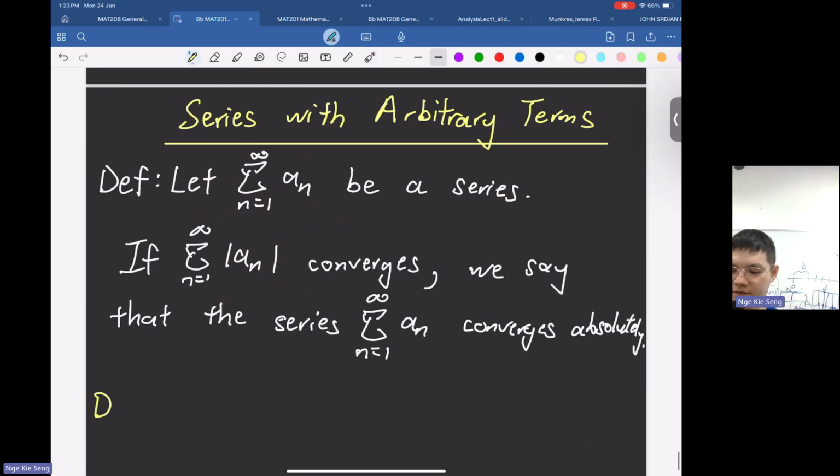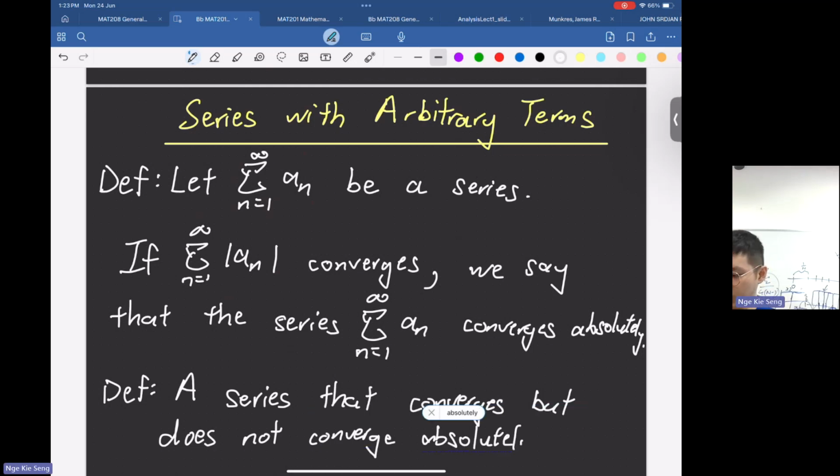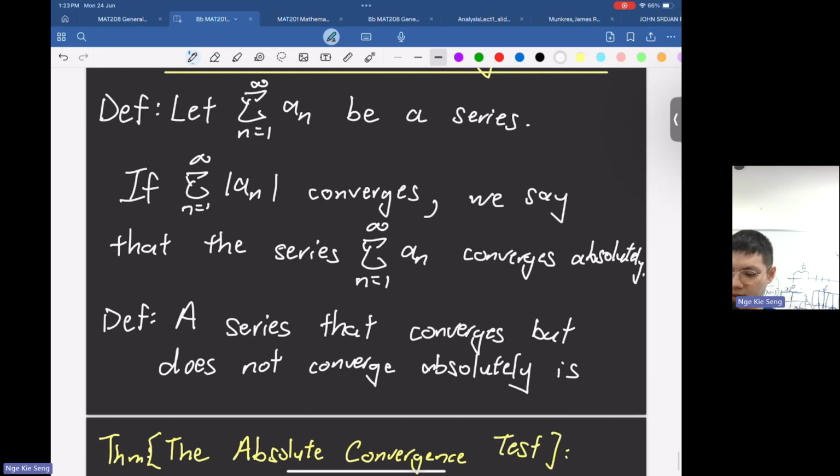Still remember? It converges conditionally. So a series that converges but does not converge absolutely, we say that it converges conditionally.